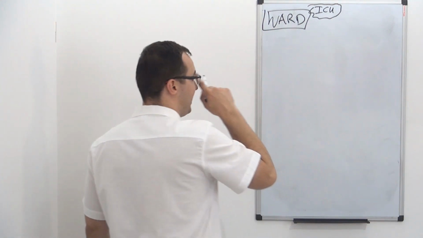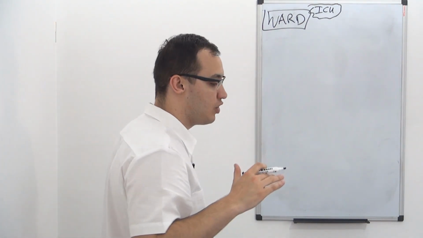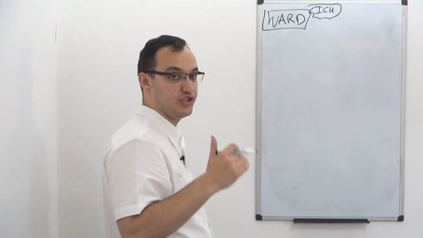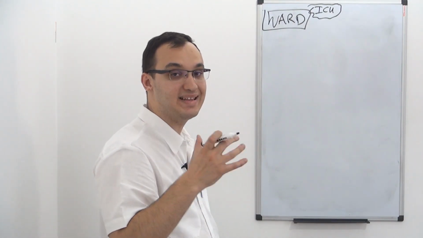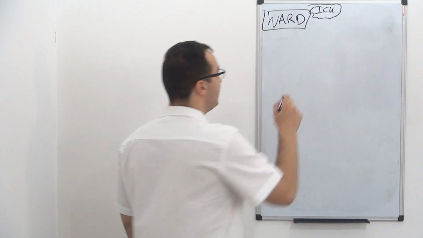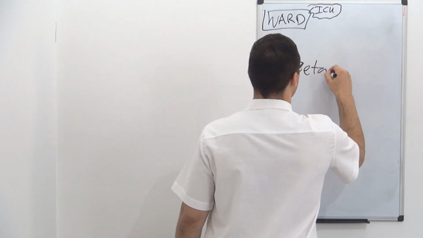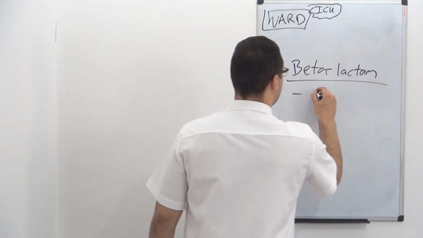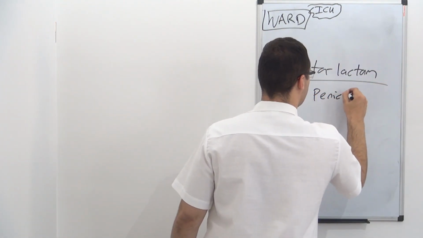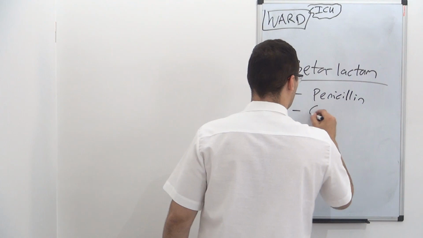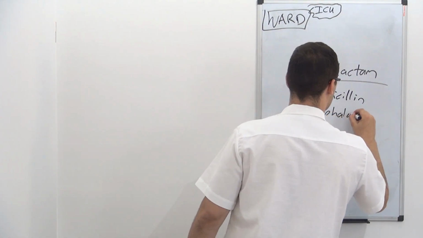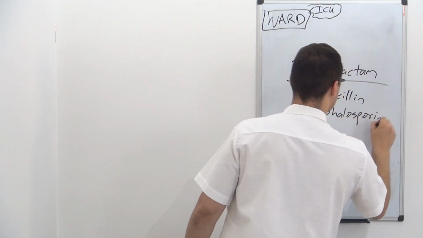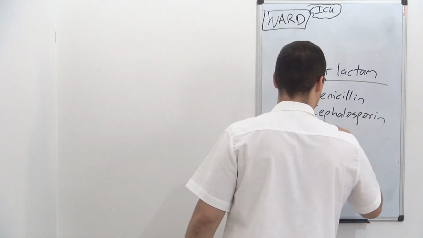I need to group the patients into those who have allergy to beta-lactams. These beta-lactams are, for example, penicillin, cephalosporin, and carbapenem.